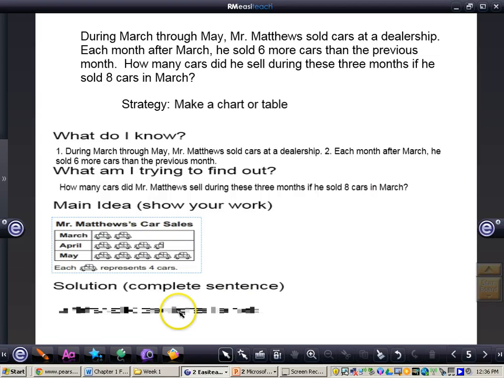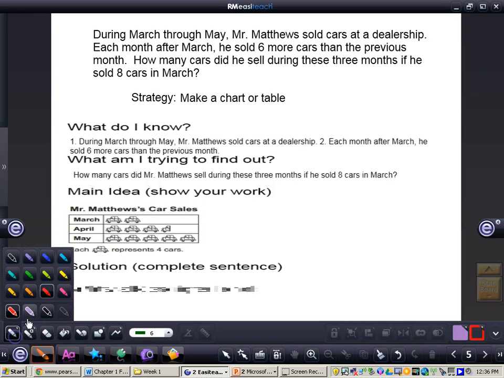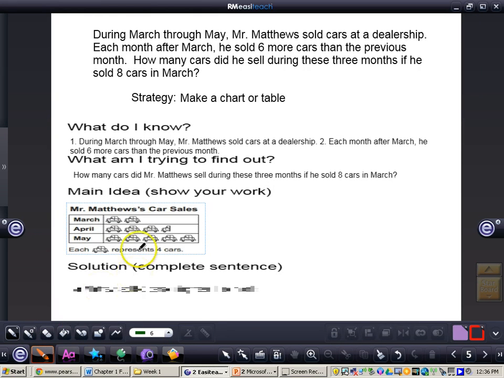Okay, so we can see that I have a chart or a table right here. Obviously, I didn't quite draw it. I'm not that good of a drawer, but you can see that this would help represent the equation trying to find the answer. So if each car represents 4 cars, what we could say is just total these up and multiply by 4. We can see the half of one here is going to represent 2.